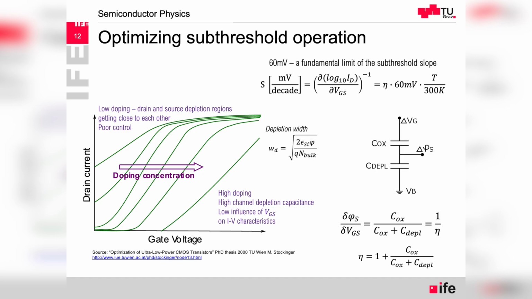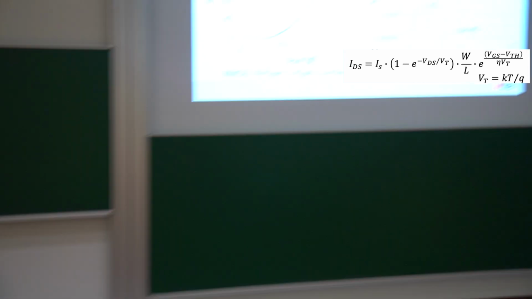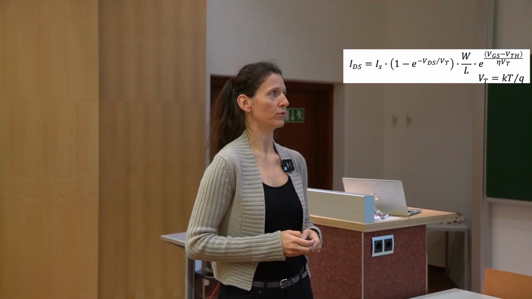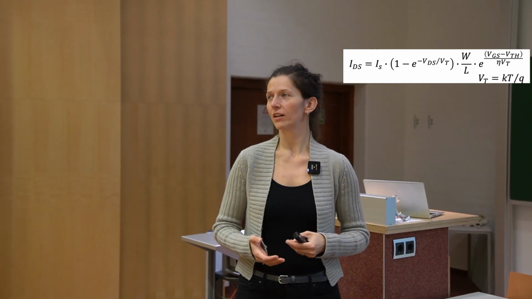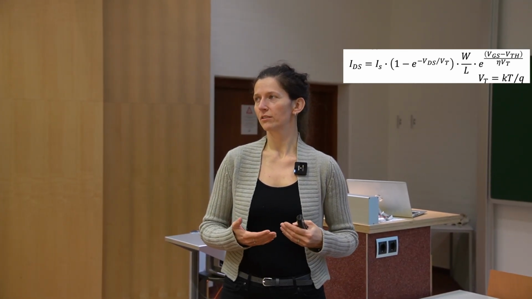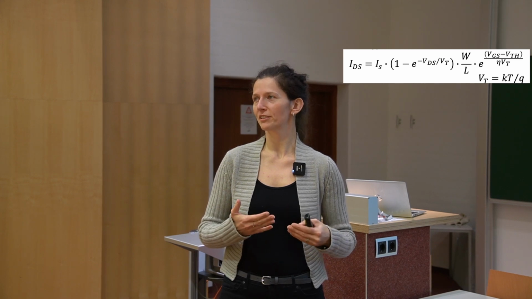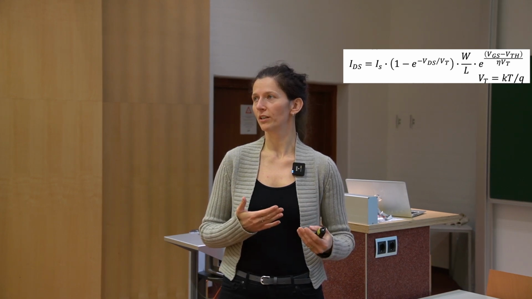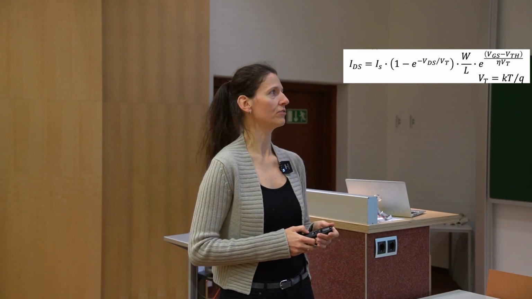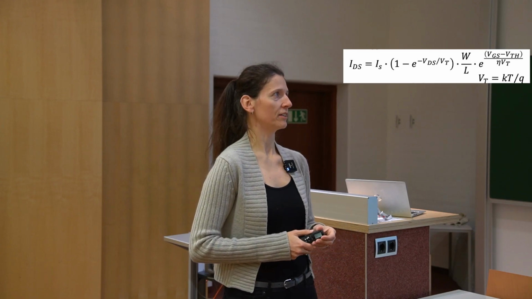What I would like to add in a comment also: from the previous slide, we have the expression of the drain to source current. If you look into several books, you can see that there are some discrepancies. Sometimes there is no drain to source voltage taken into account. And there are several different formulas that you can find in this case.